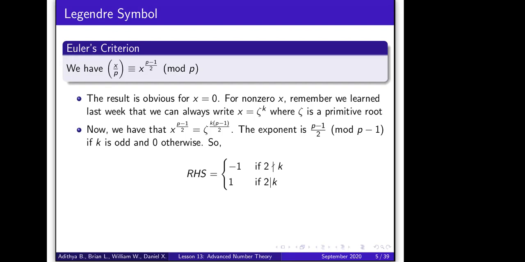When k varies, we only have to take the exponent mod p minus 1, since we know zeta to the p minus 1 is 1. So it's (p minus 1) over 2 mod p minus 1 if k is odd, and it's 0 otherwise. Does that part make sense? Here we're just using FLT.